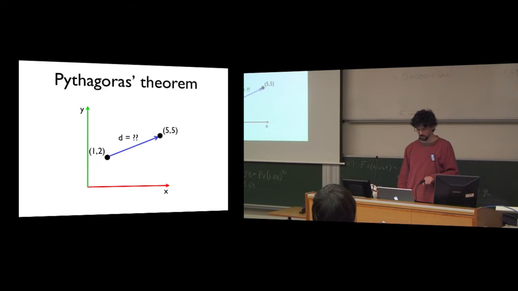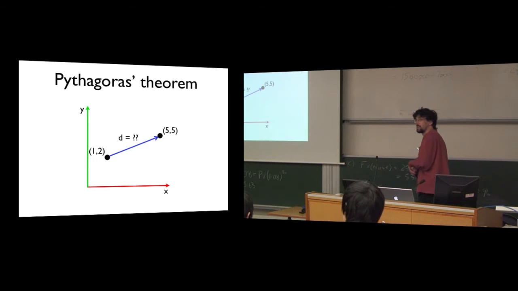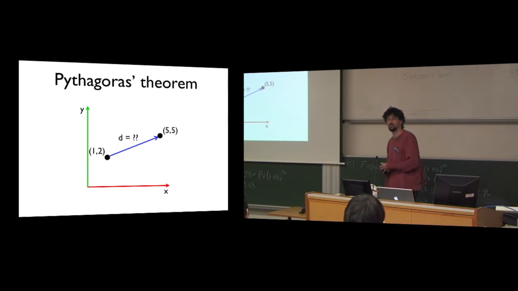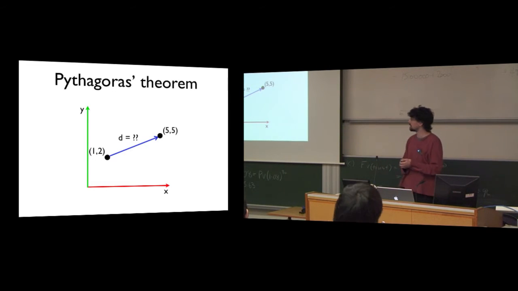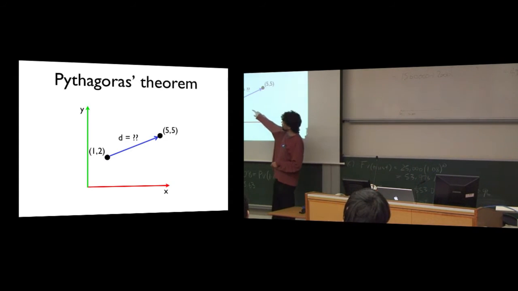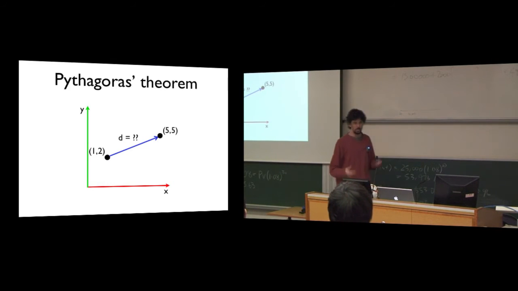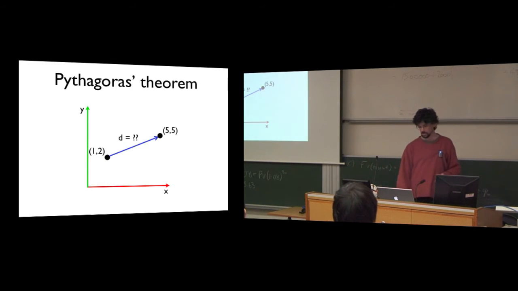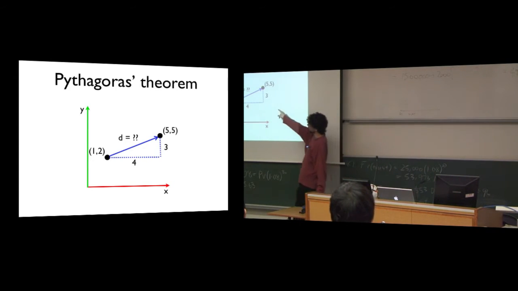So hopefully you all remember Pythagoras' theorem from way back when, which says that if we have this vector from the point 1, 2 to the point 5, 5, then the magnitude of that vector is based on the difference in the x positions, which is 4, and the difference in the y, which is 3.